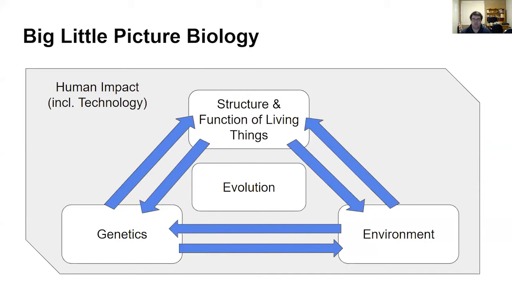I've put behind all of that human impact, which includes our technology. It's worth pointing that out: we have this big impact on the world. So that's my idea about how all these topics in biology fit together.